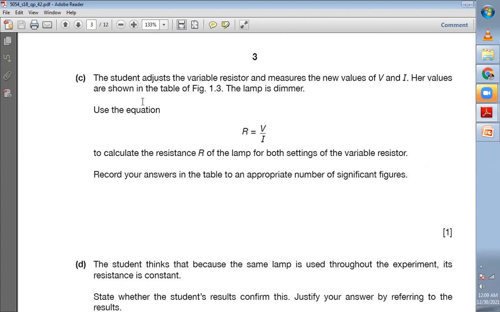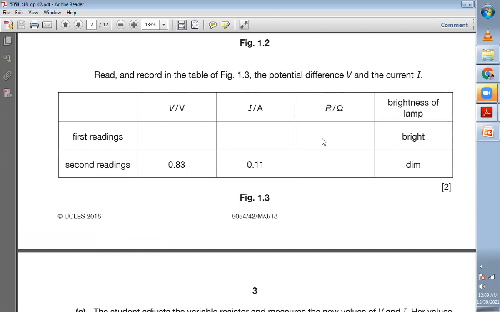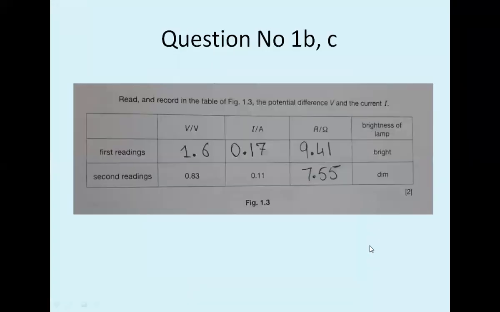So we can find the R value. The formula is given, V by I. I can calculate the R value for these two values, and I can also calculate the R value for these two values. So this was 1.6, this was 0.17. The R value will be V by I, 1.6 divided by 0.17.